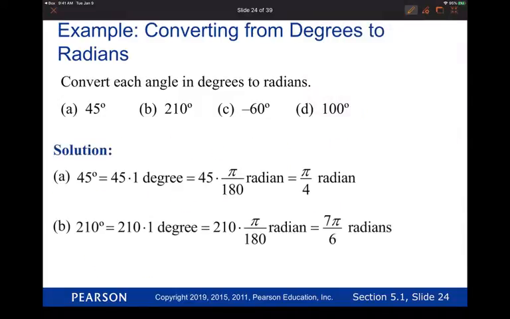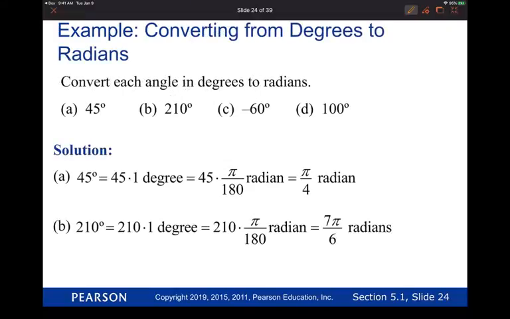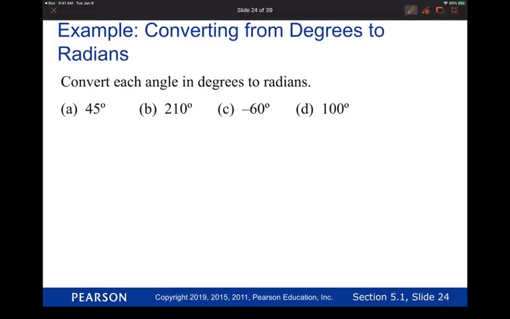Do we need to do the rest of them? Well, yes, just for practice. It's the same kind of deal. If it's negative 60 degrees, we want to convert it to radians. What would we multiply by? Pi over 180.